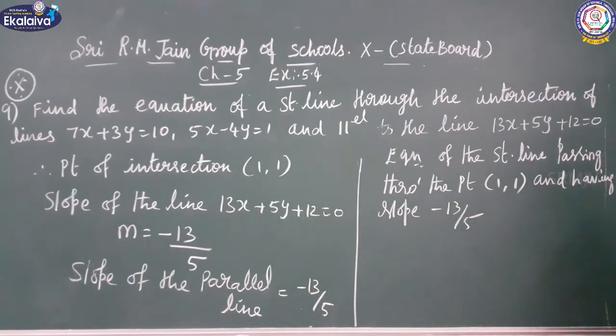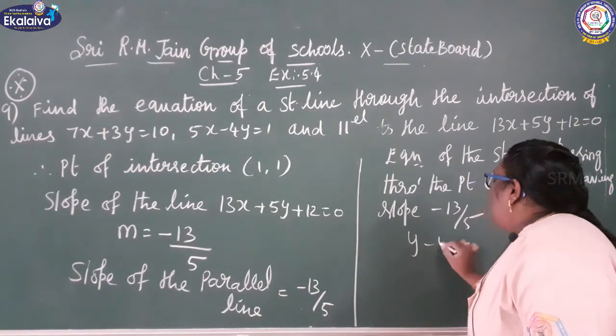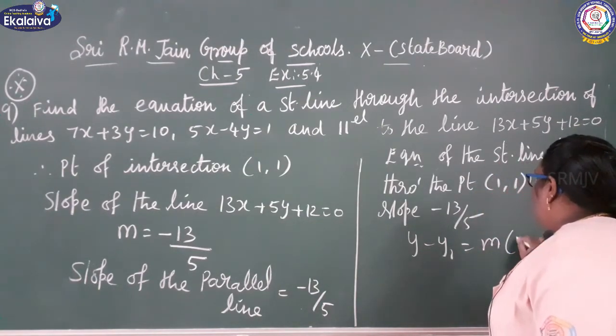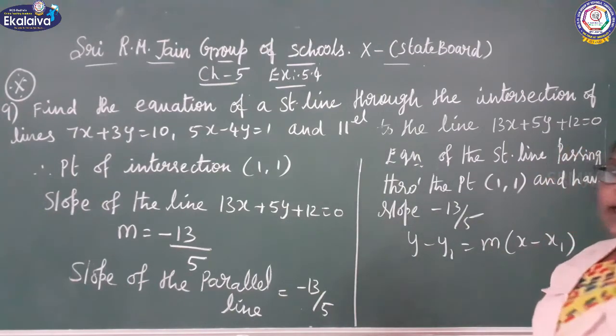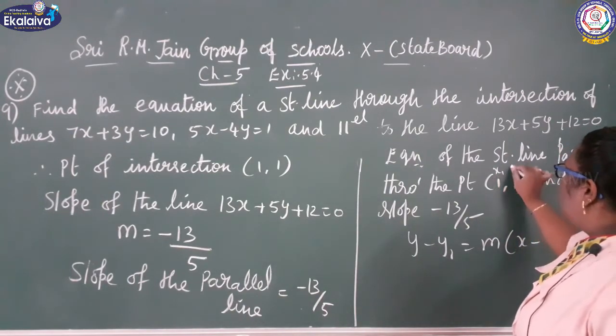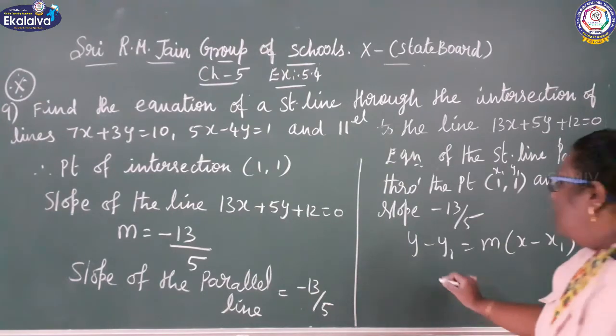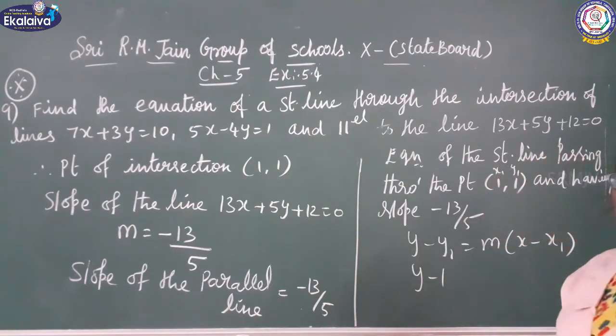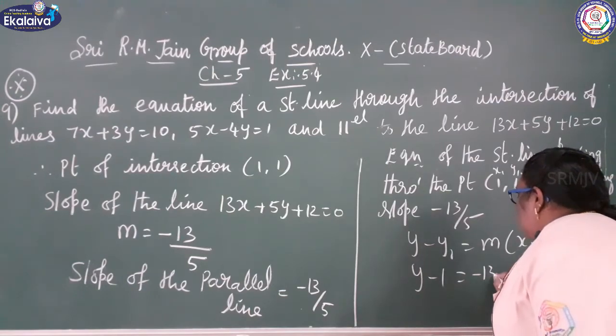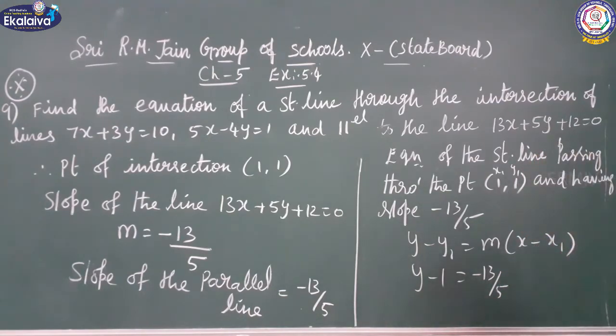Use y minus y1 equal to m into x minus x1. So this is x1 and this is y1. y minus 1 equal to minus 13 by 5 into x minus 1.